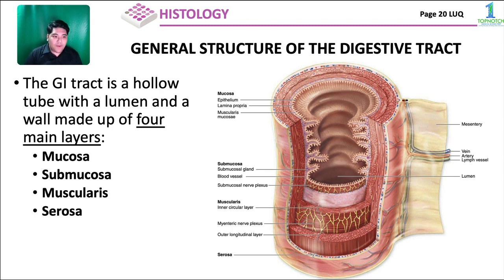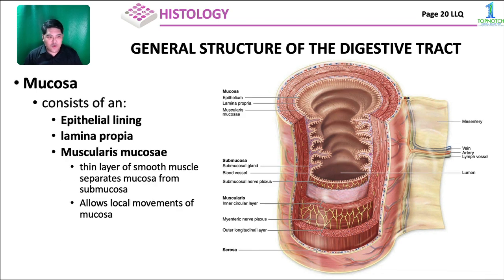It is a hollow lumen made of 4 layers. Pinakaloob is your mucosa, and then followed by your submucosa, your muscularis, which has your inner circular and outer longitudinal, and then your serosa, your outermost layer of the GI tract. Let's begin with the mucosa.